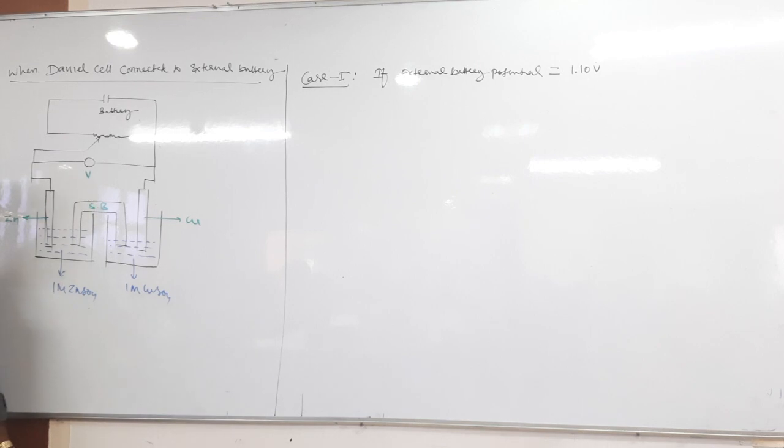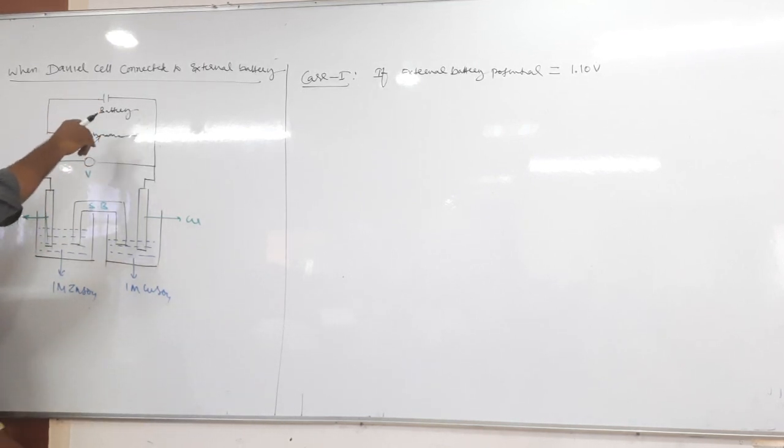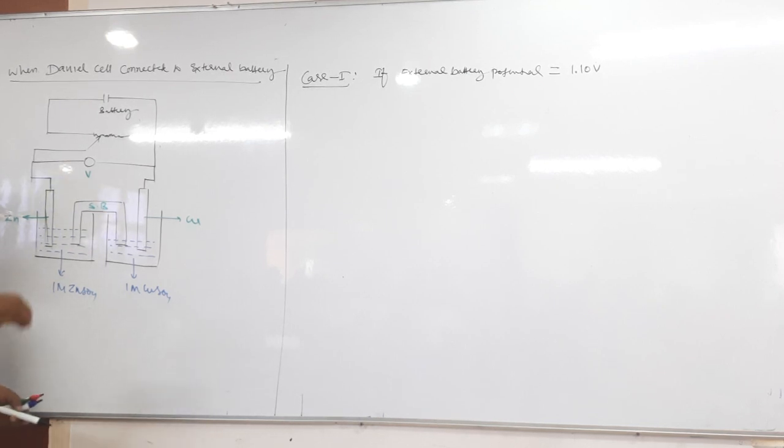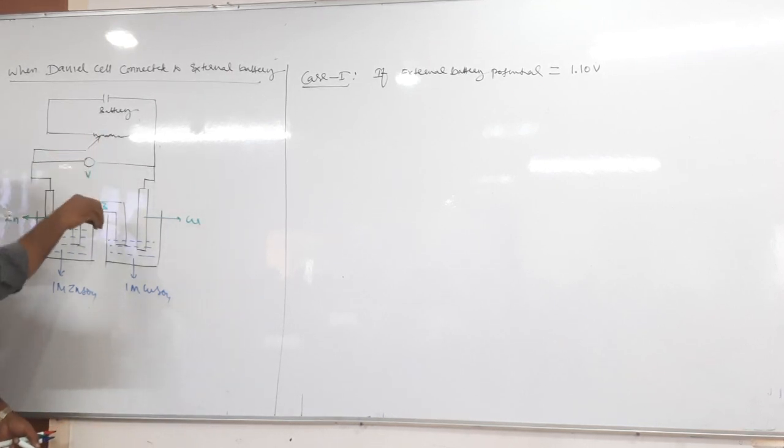This takes place as usual. But when the battery is connected, with potential equal to 1.10 volt, what happens?